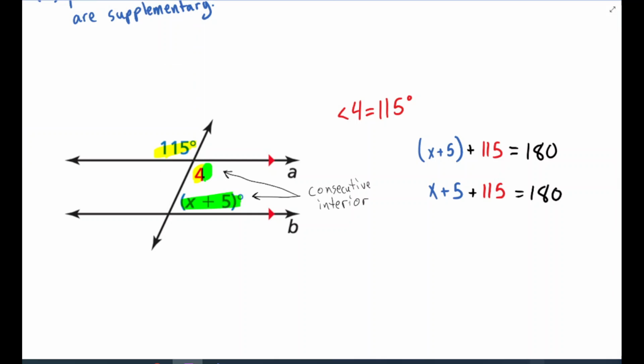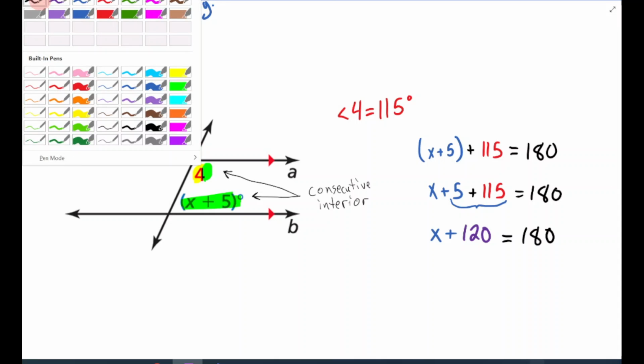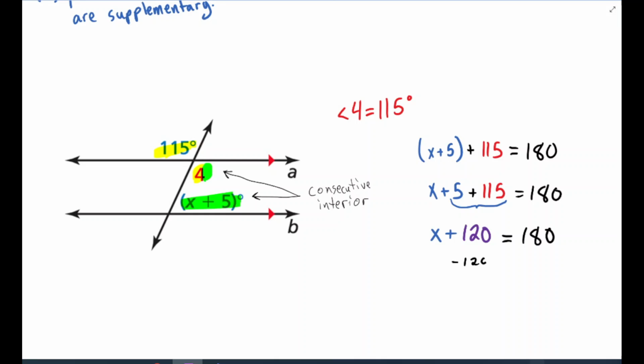Now I can combine like terms. I can combine the 5 and 115, giving me, that warrants purple, 120, x plus 120 equals 180. Now using our subtraction property of equality, we subtract 120 from both sides of the equal sign, leaving us finally with x equals 60.